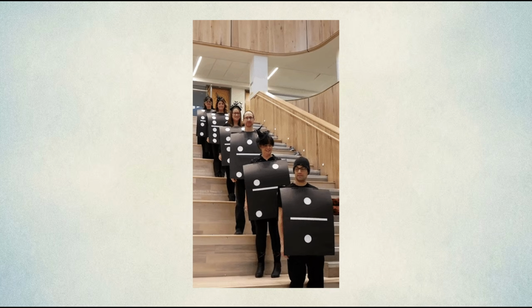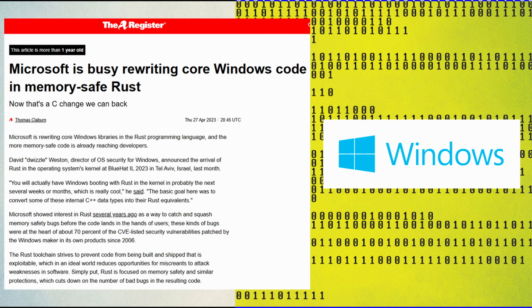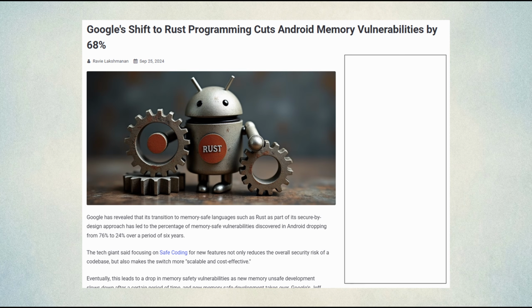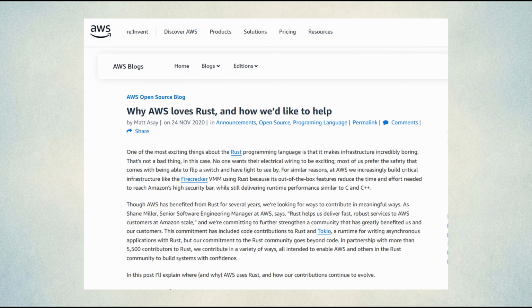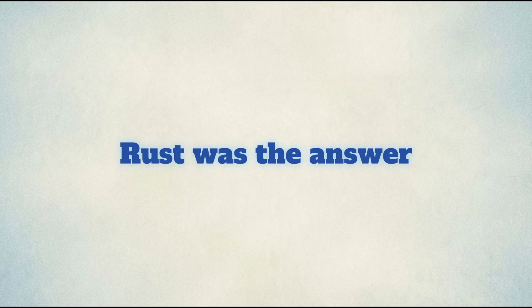Think about it. The most critical software on Earth, billions of servers, trillions of lines of code, and they chose Rust. Then the dominoes fell. Microsoft started rewriting Windows libraries in Rust, Google started rewriting Android, Amazon rewrote part of AWS. Every major tech company realized the same thing: Rust was the answer.